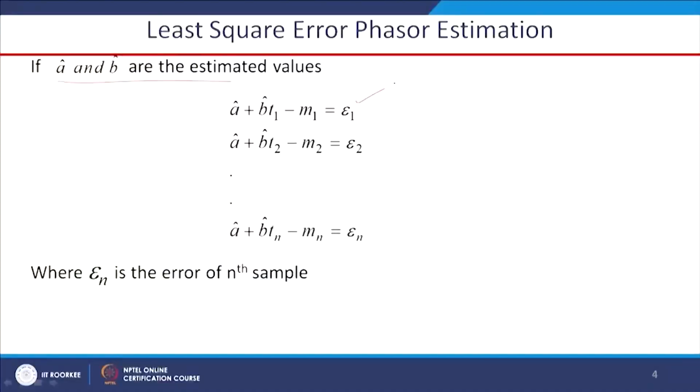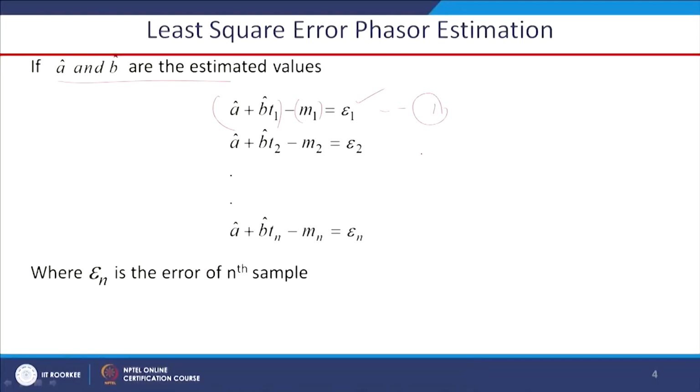Now, A cap plus B cap T1 minus M1 is equal to epsilon 1. Already we have discussed, this is my estimated value and this is my measured value. The difference between these two leads to the error, and that is why this is my first equation.